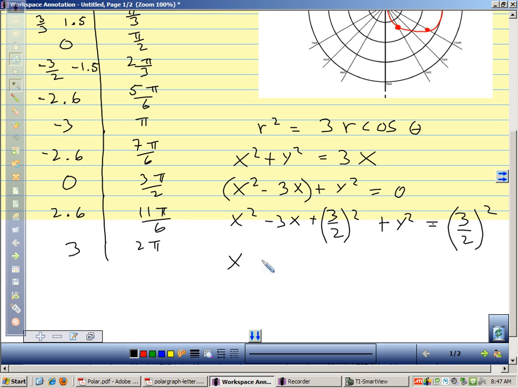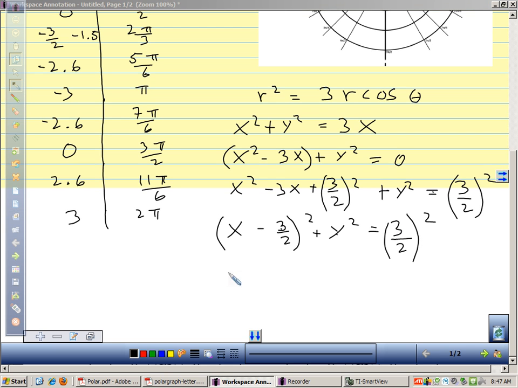This is a perfect square now. X minus 3 halves squared plus y squared equals 3 halves squared.